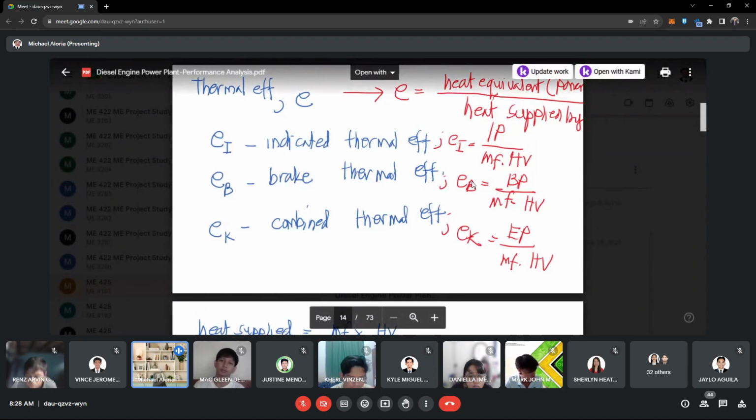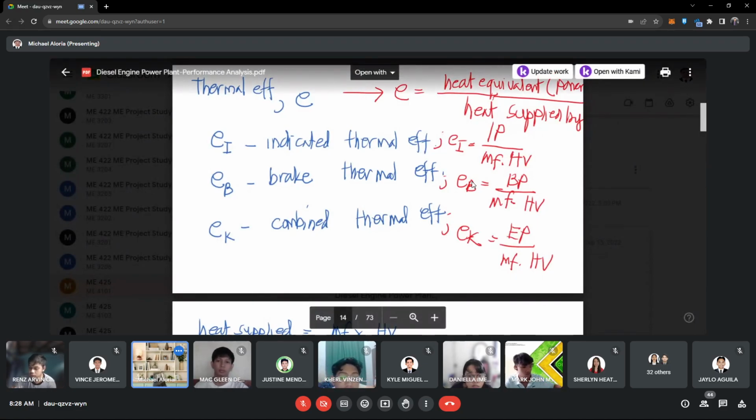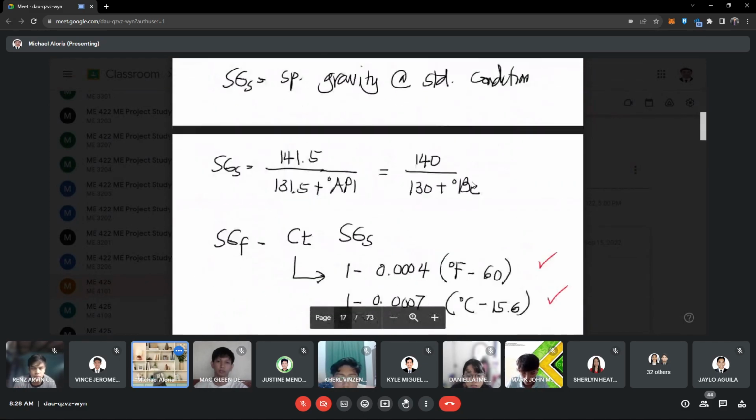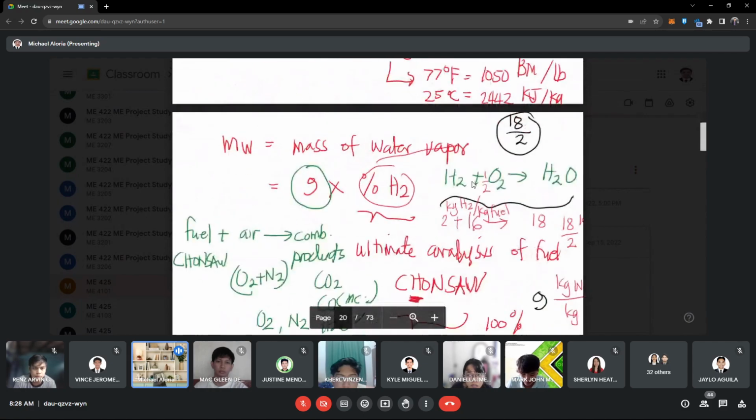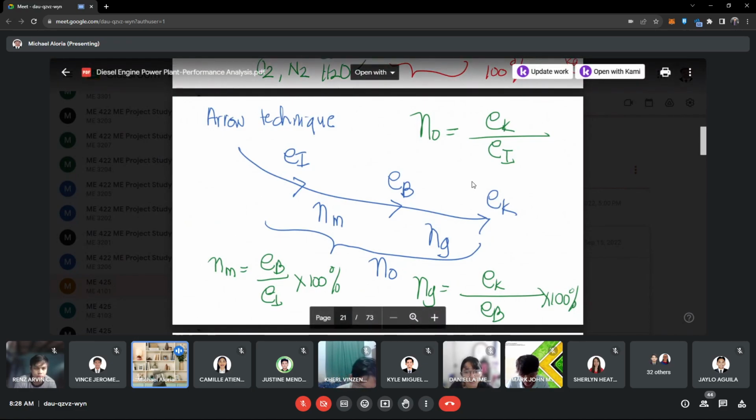If we put this in our arrow diagram, we have the indicated thermal efficiency, then the brake thermal efficiency, and then the combined thermal efficiency. So, this will be our arrow diagram. This would be your E sub I, E sub B, E sub K. What did you notice in the arrow diagram?